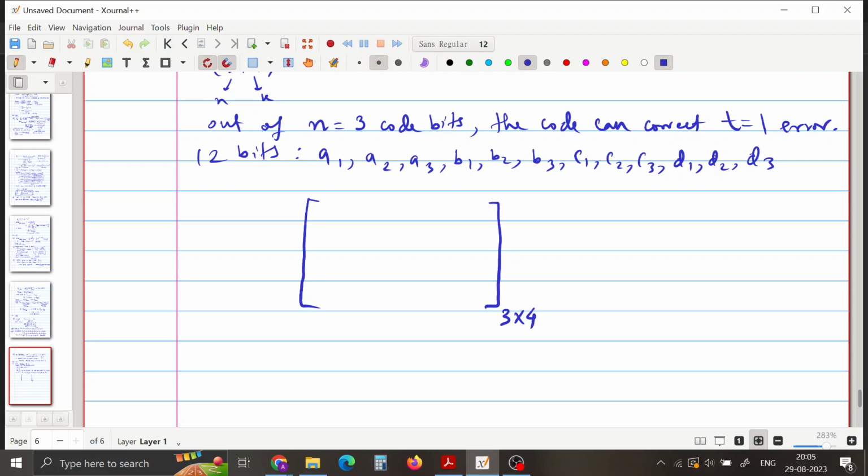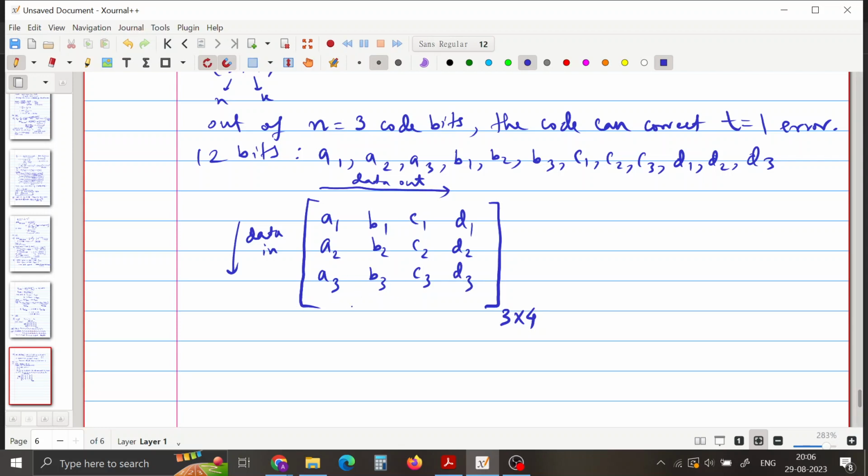Three by four. This is data in, and this is data out. Data in is column wise: A1, A2, A3, then B1, B2, B3, C1, C2, C3, and finally D1, D2, D3. These are all my 12 code bits.